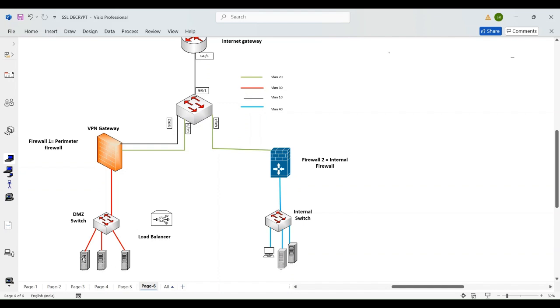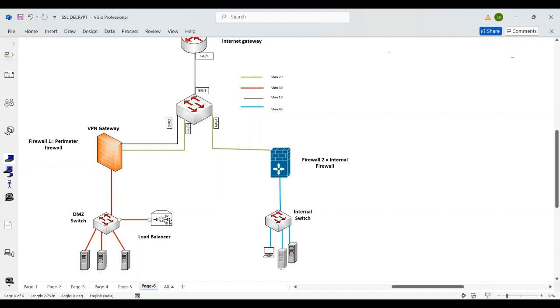If you have three servers over here, then it will load balance and give resiliency to the application. So we can connect the load balancer also over here to the DMZ switch, right?